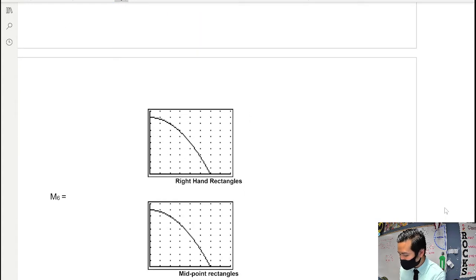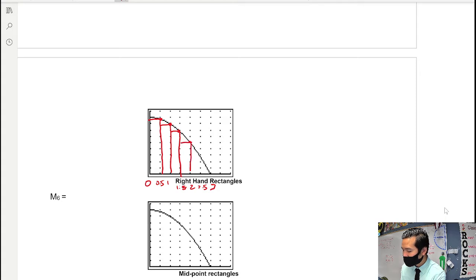If you write it out, it's 0, 0.5, 1, 1.5, 2, 2.5, and then 3. I'm going to add the 3, take away the 0. If we do the right side, it's going to go this way.